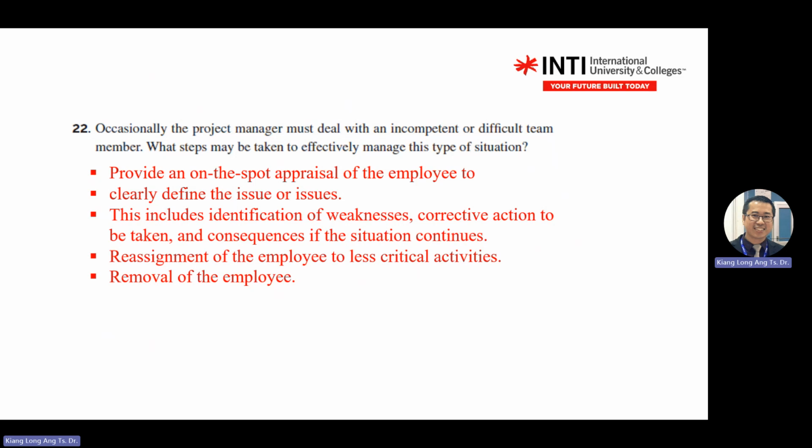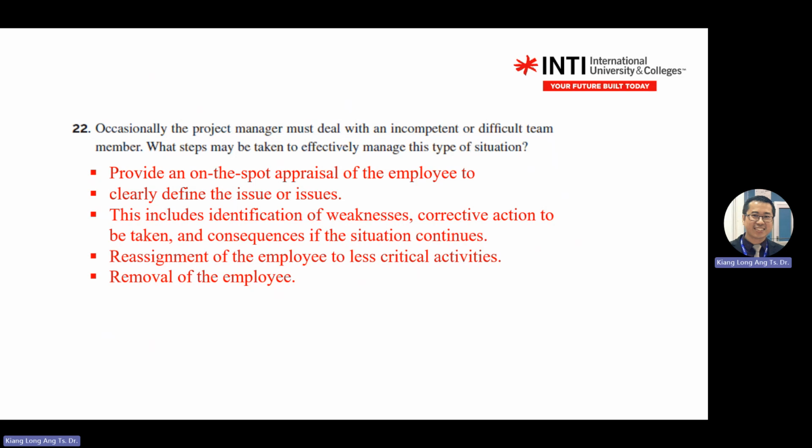So what you do, you explain, you clarify, make them understand. Okay. So you give appraisal, you recognize their importance, their contribution, you clearly define, let them understand what actually the issue is. Then identify the weakness, corrective action. You need to give a solution to that problem.